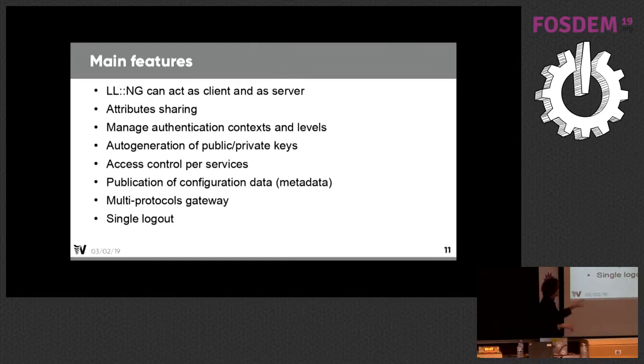And the last point, single logout, which is very important. Single sign-on is just to authenticate the users on all applications, but we also want to be able to log out the user. So single logout is how I tell all applications to log out the user.